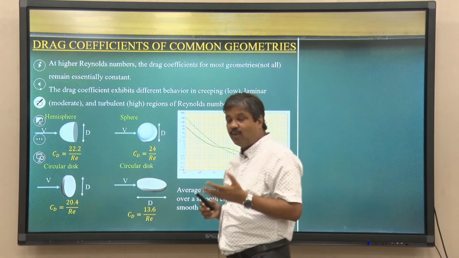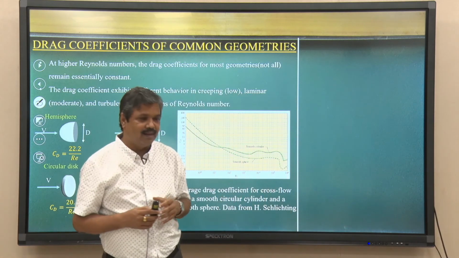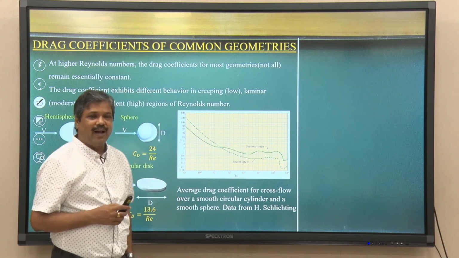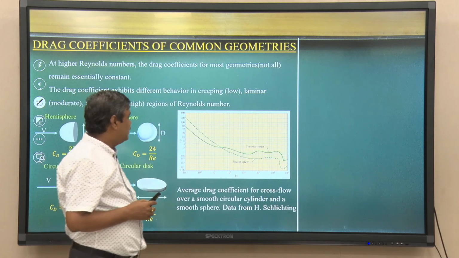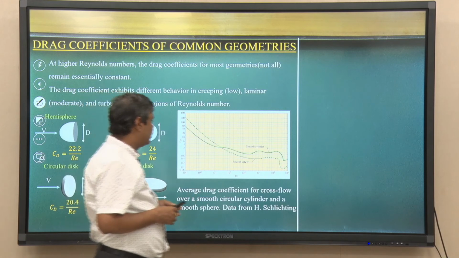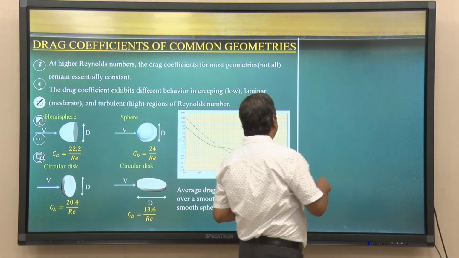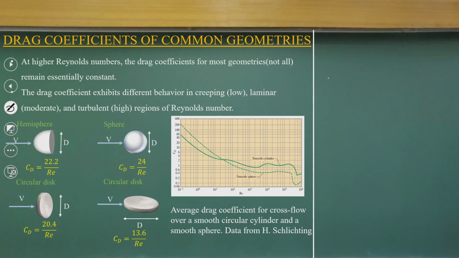Now, come back to very common geometries, which we have from experiments. If you look at smooth spheres, they are called smooth because there is not much roughness. It is the Reynolds number versus the CD. The first part is linear, then its behavior comes like this.